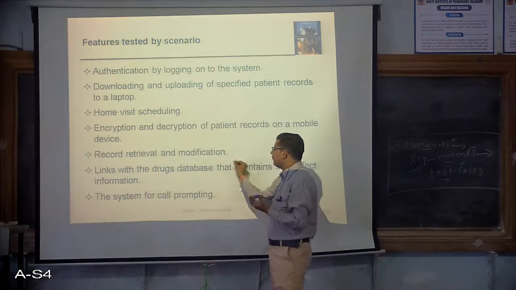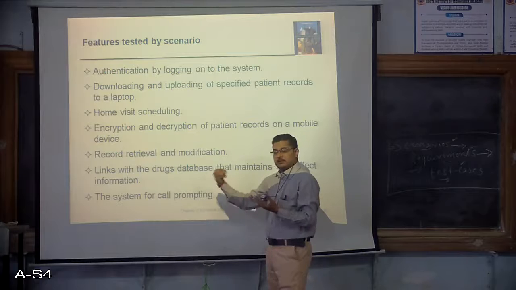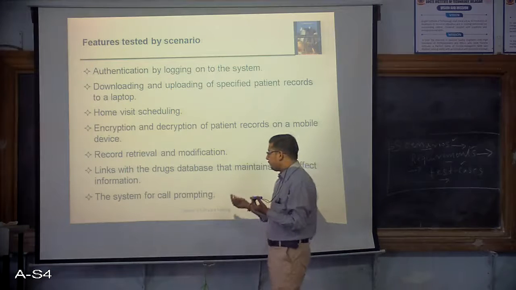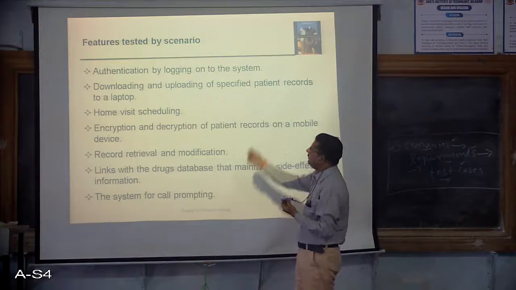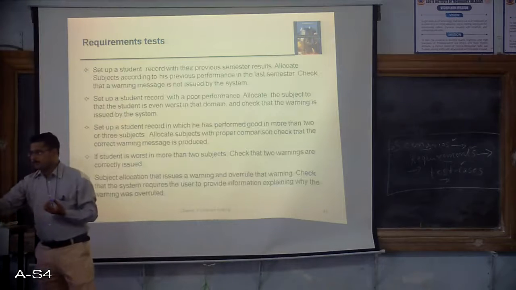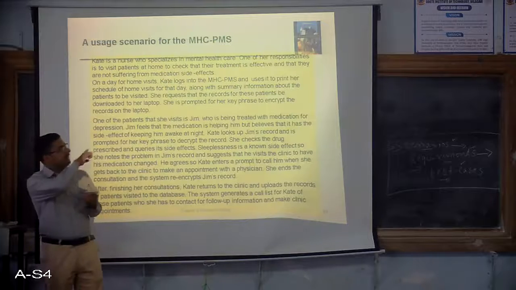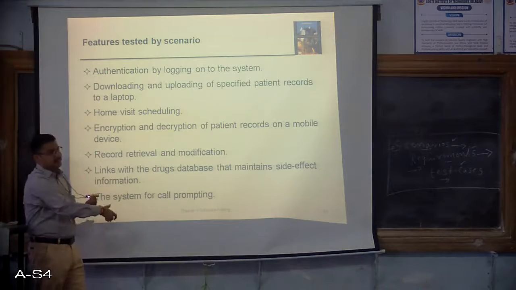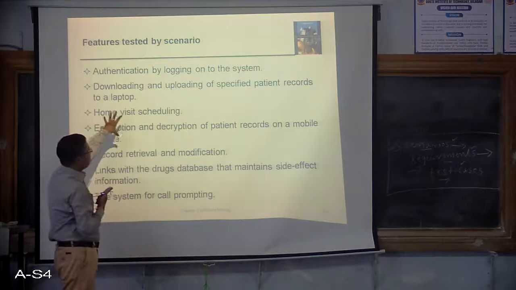Record retrieval and modification, the link with the medicine database that maintains side effect information, and the system for call prompting. These are all the requirements we are going to produce. For the previous scenario, we write these requirements and test cases collectively.